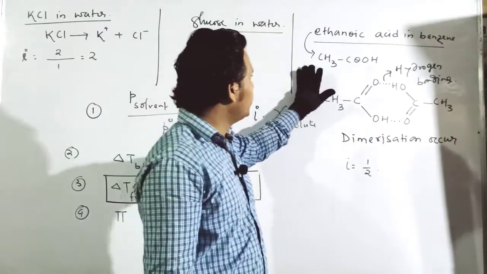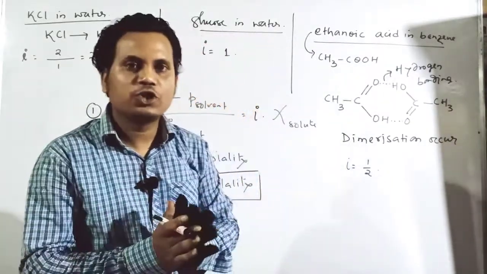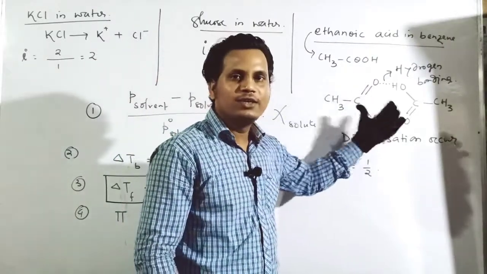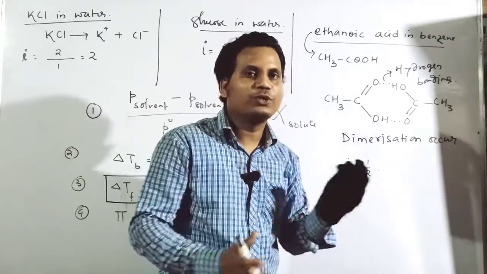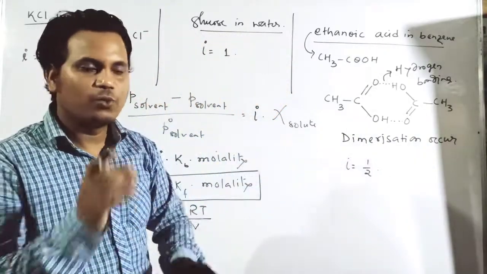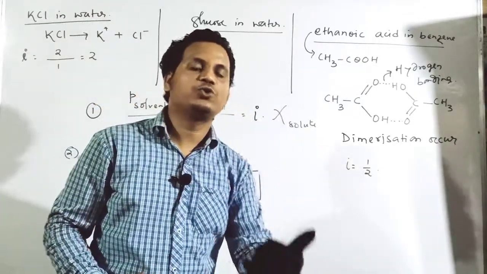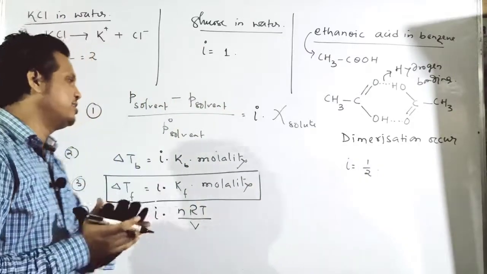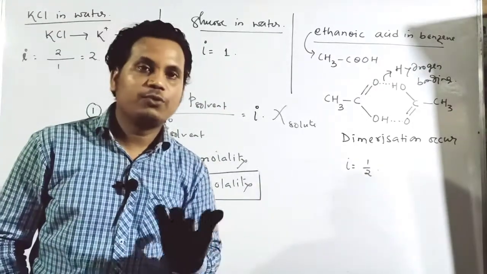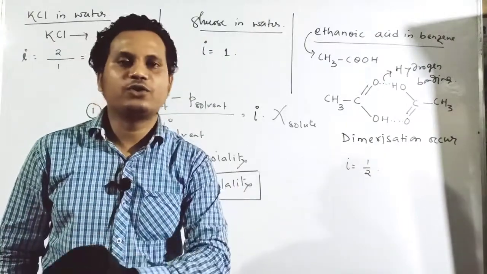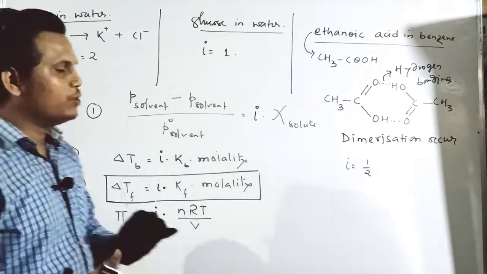In the third one, ethanoic acid in benzene was there, so dimerization occurs in case of acid, so colligative property delta T will be half because the i value is half. So whatever be the result, 4.9 by 2, that is 2.45, was the correct answer. So I think it is clear. So from now we will use the formula as predicted by the van't Hoff factor. So take some numericals and it will be more clear.